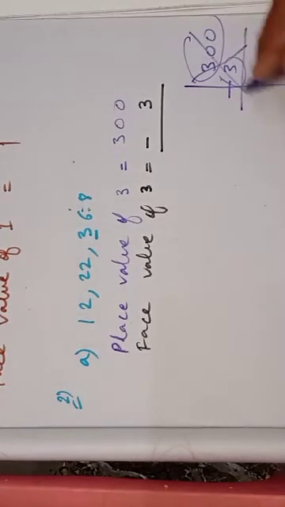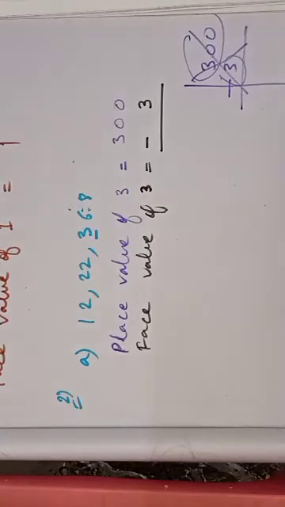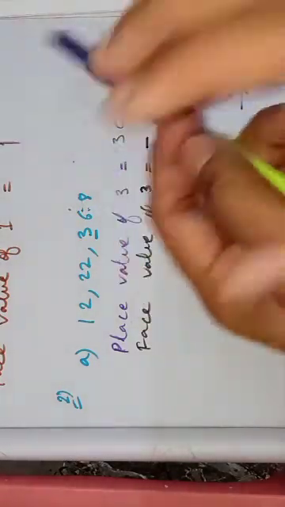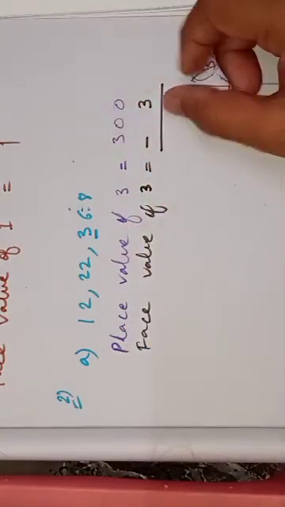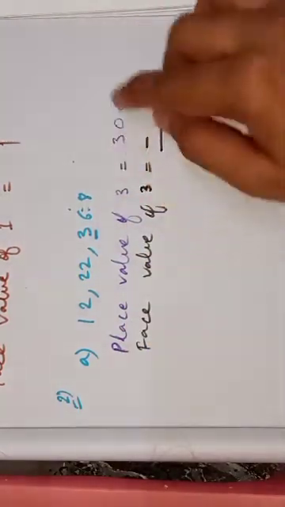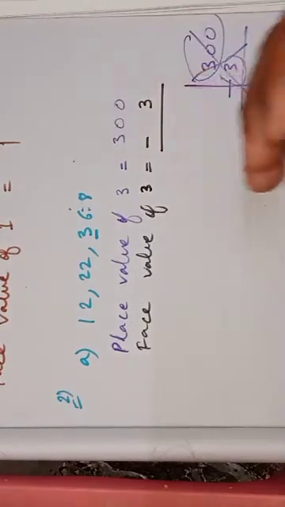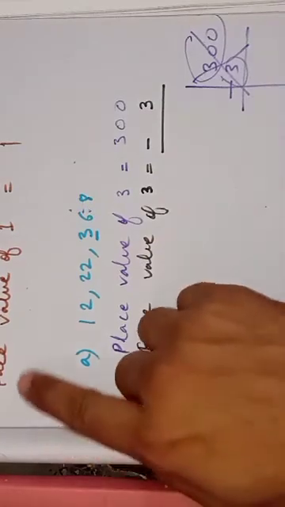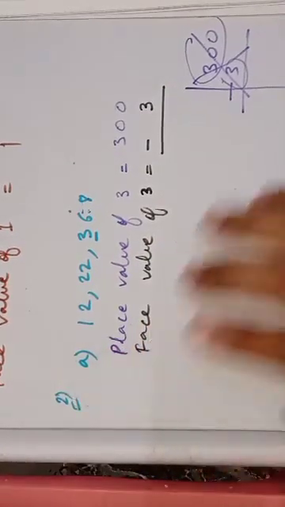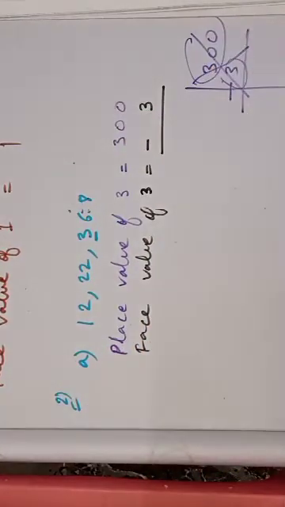This is wrong, because the problem says to find the difference, and difference means subtraction. For subtraction, you have to follow the same method for arranging place value and face value in problem number 2 for getting the difference.